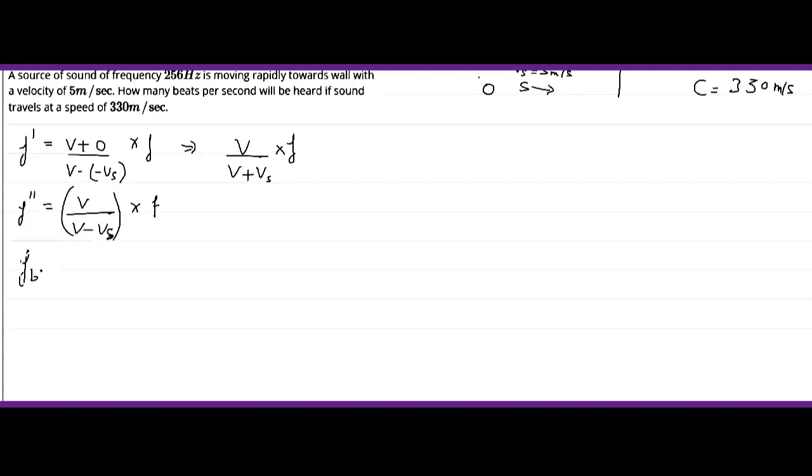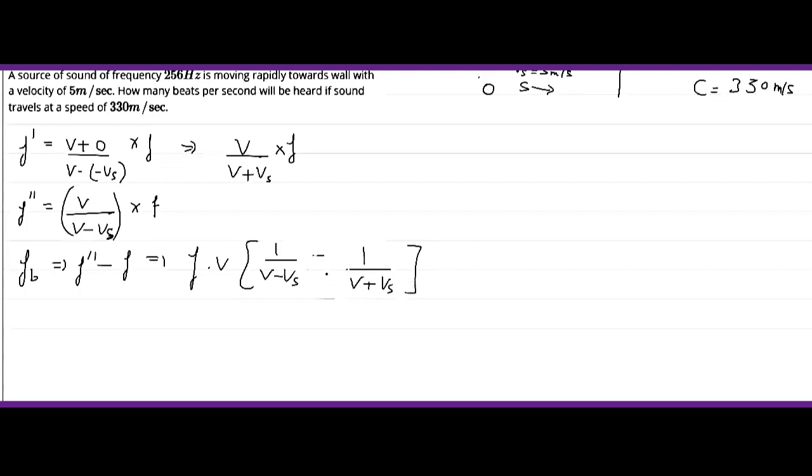So fb, the frequency of beat, will be equal to f double dash minus f, which is equal to f and v will be common. In the bracket we will have 1 upon v minus vs minus 1 upon v plus vs, which will give us fv times v plus vs minus v plus vs upon v square minus vs square, the basic mathematical calculation.